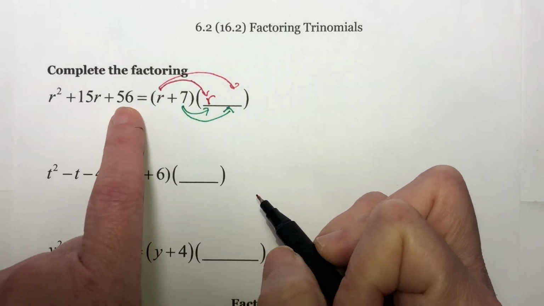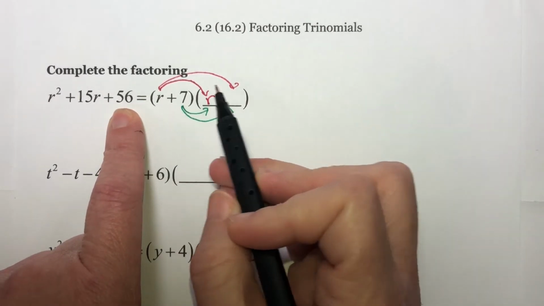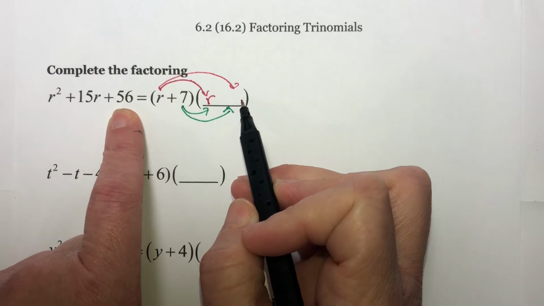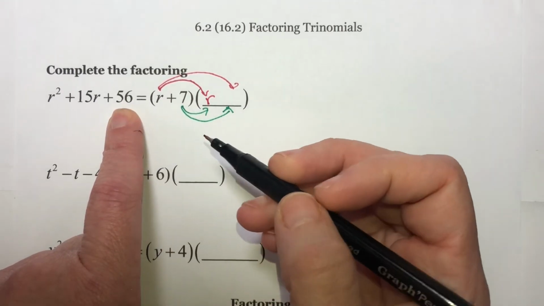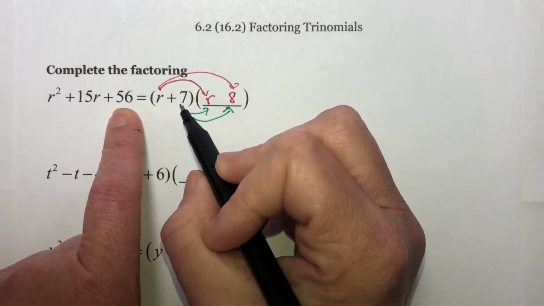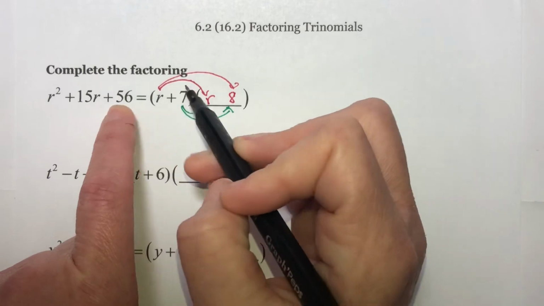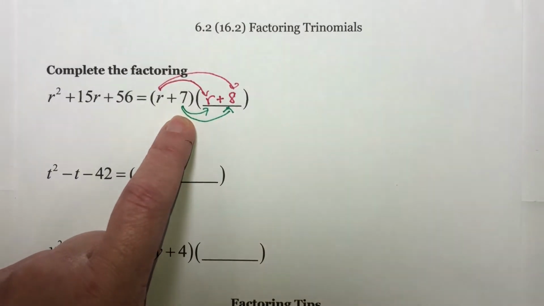Now we need a 56 on the end. This generally comes from this times this. So 7 times what gives you 56? 7 times 8. And it needs to be a positive 56. This is positive, so positive 7 times positive 8.